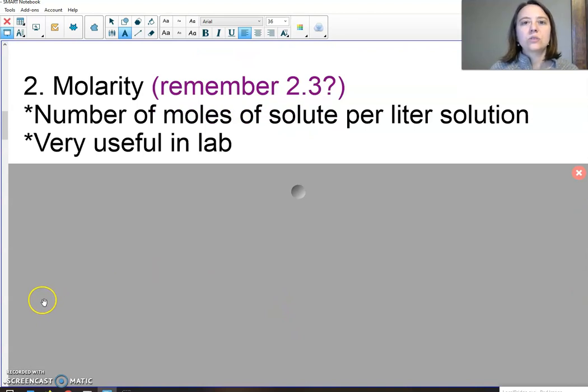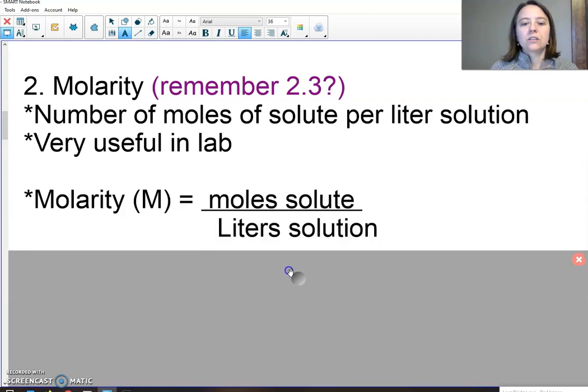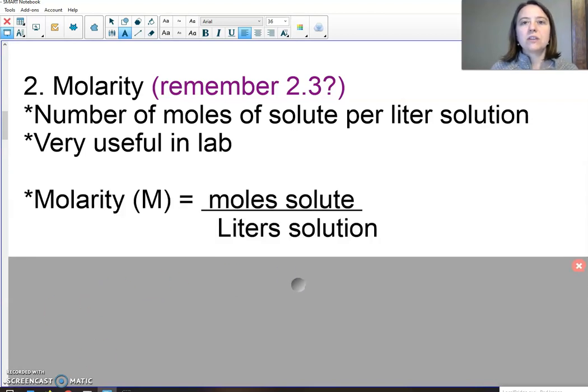And this is very useful in the lab because we know a lot of chemical reactions occur in aqueous conditions, and we know that chemical reactions, moles of chemicals will react with each other, and so it's good to just already have it in a mole format. So molarity, measured in capital M, molarity, or molar, equals your moles of solute over liters of solution.